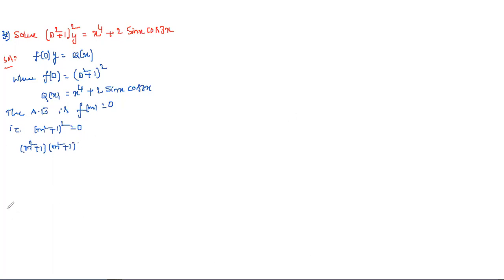So m square is equal to minus 1 and m square is equal to minus 1. Minus 1 is nothing but i square, so m is equal to plus or minus i and plus or minus i.